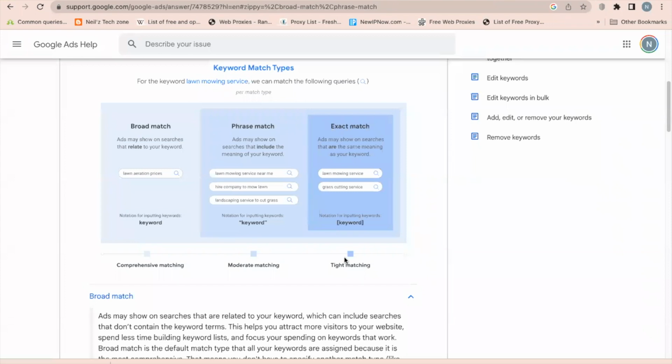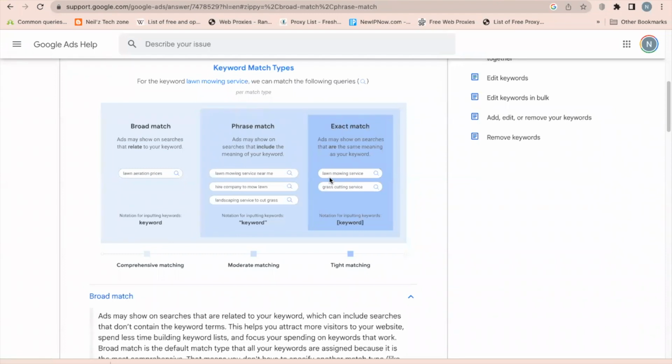But relevancy is more in exact match, because it is exactly matching your keyword. Here also some variation is allowed. It's not exact, but near to exact, and the definition of variation reduces every time. In phrase match it is a little bit looser, so a little bit more synonyms are allowed.